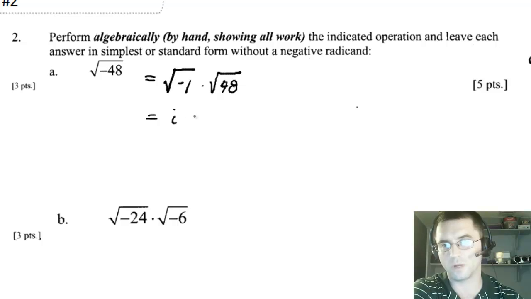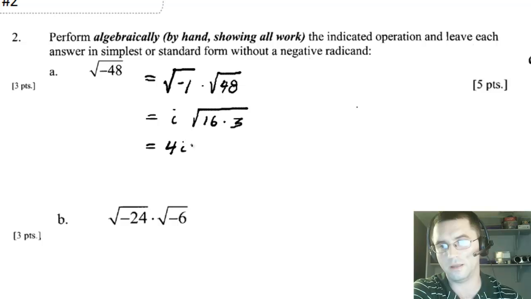The square root of 48 we can rewrite as the square root of 16 times 3, and the square root of 16 is 4, so 4i times the square root of 3. You don't want to write i4 square roots of 3, because traditionally we put the i with the other radical, because i is really a radical. So we write it in that order.